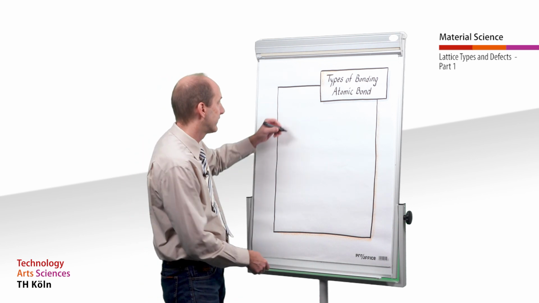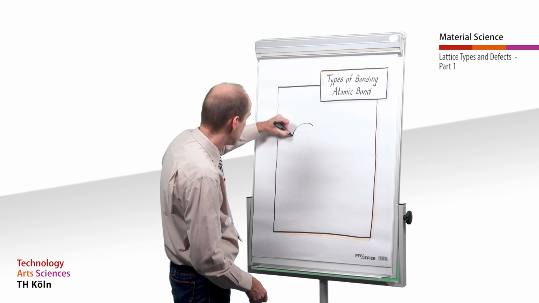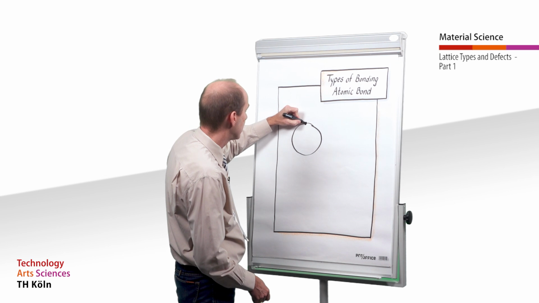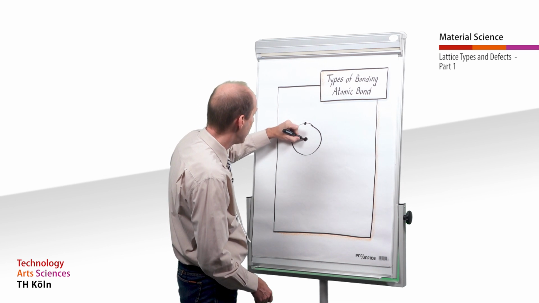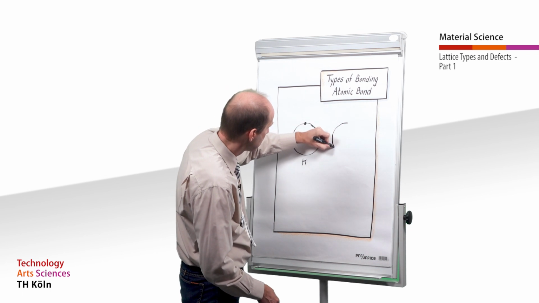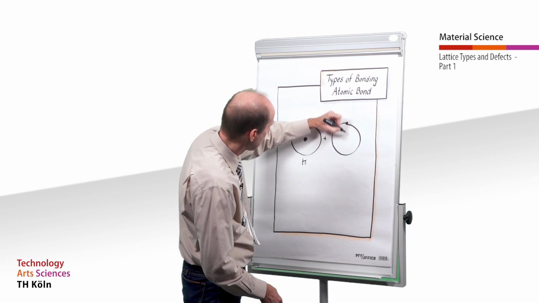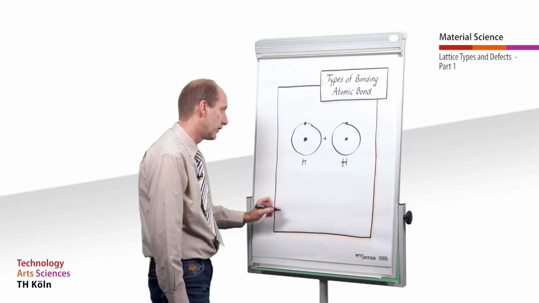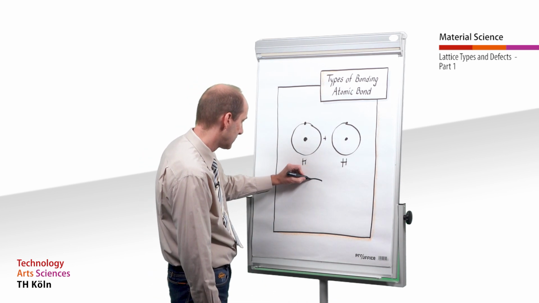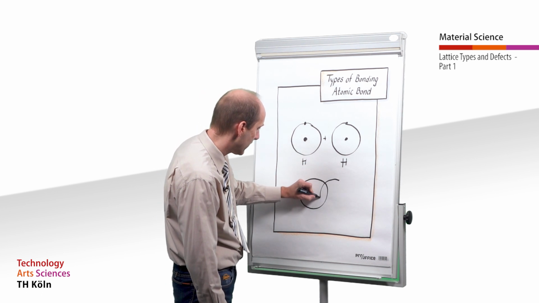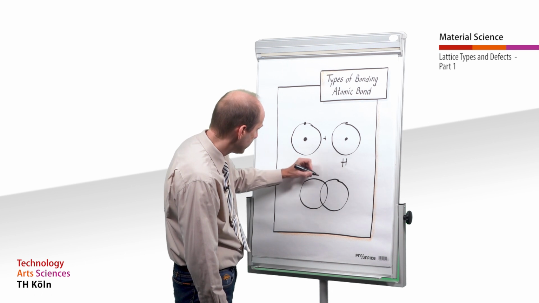Hydrogen gas, for example, does not exist of individual hydrogen atoms, but of molecules consisting of two bound hydrogen atoms.